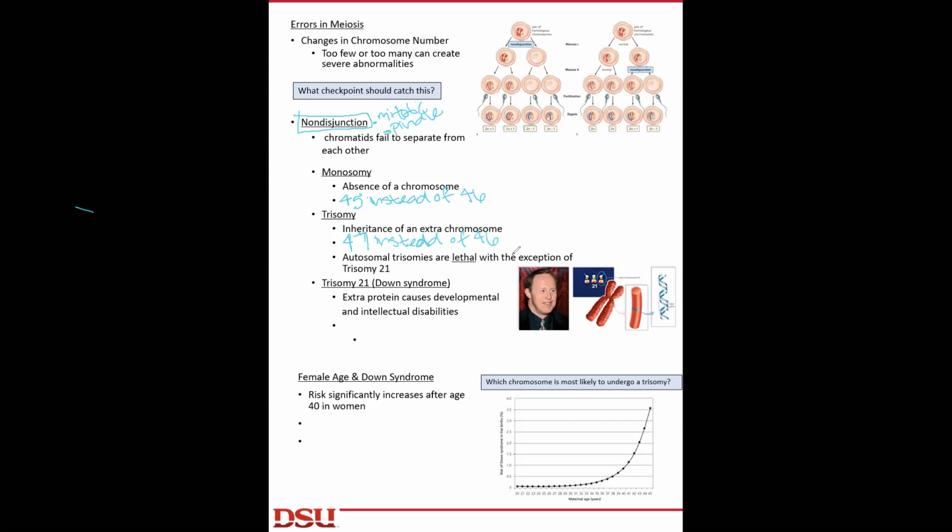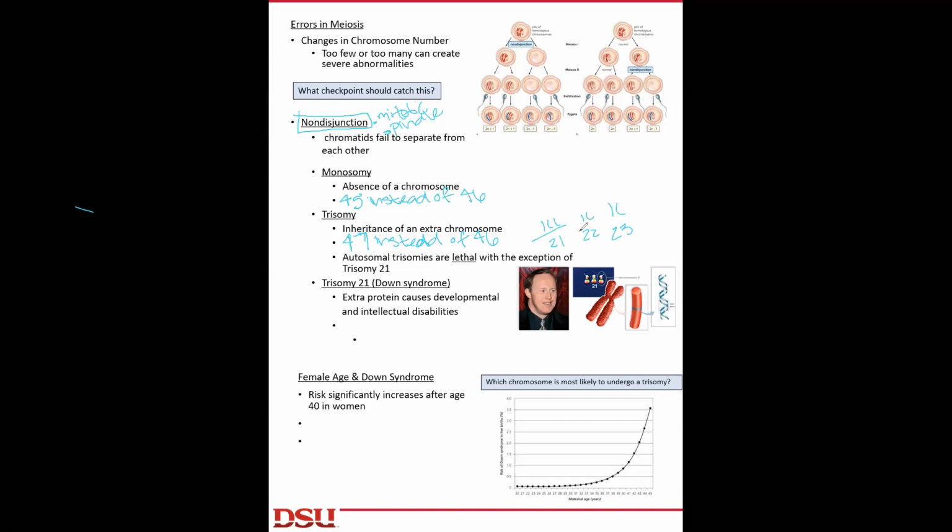Autosomal, remember autosomes referring to body cells. Autosomal trisomies are lethal. The only exception to that is trisomy 21, which is Down syndrome. In trisomy 21, you have 3 copies of chromosome 21. So you've got your 2 copies of chromosome 22, your 2 copies of chromosome 23, but then with your chromosome 21, you've got 3 copies of it. Okay?